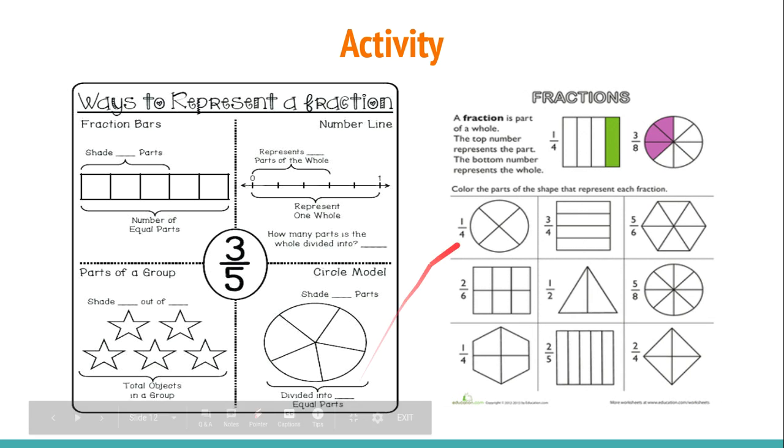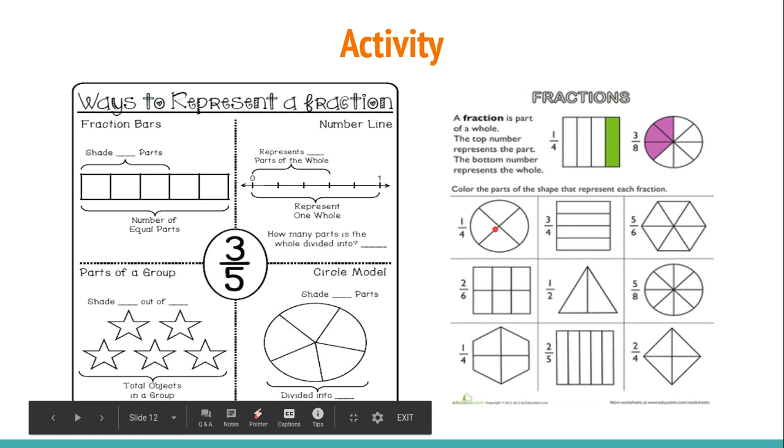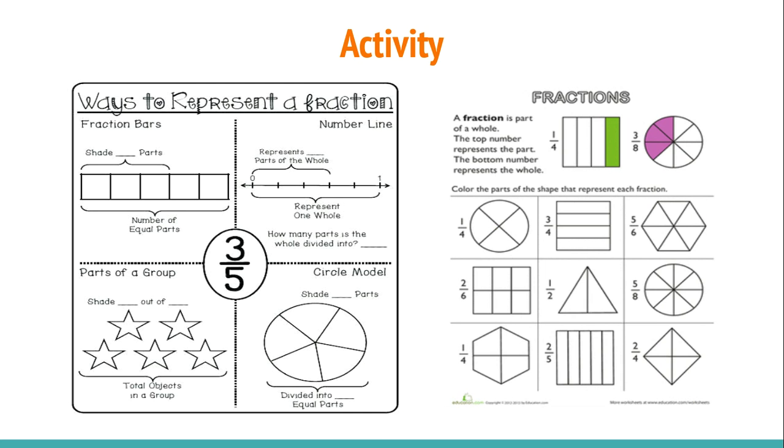So let's see here. Our second activity, again, is about fractions. Surprise, surprise. A fraction is a part of a whole. The top number represents the part, and the bottom number represents the whole, just like we learned at the very beginning of my last lesson. We're just putting it into play now.